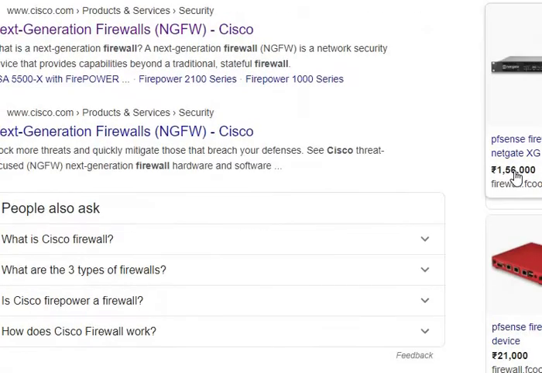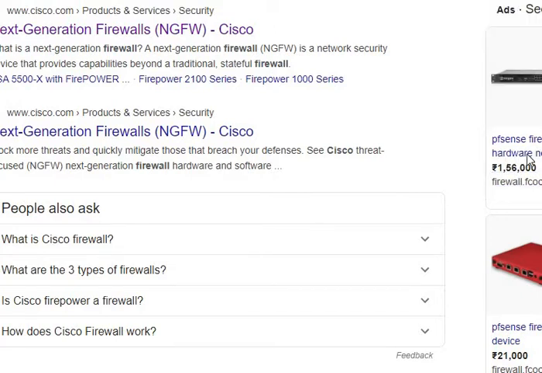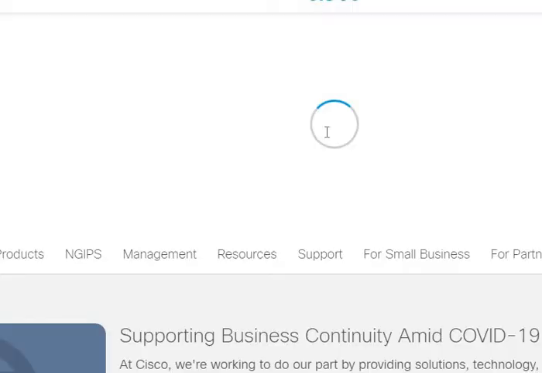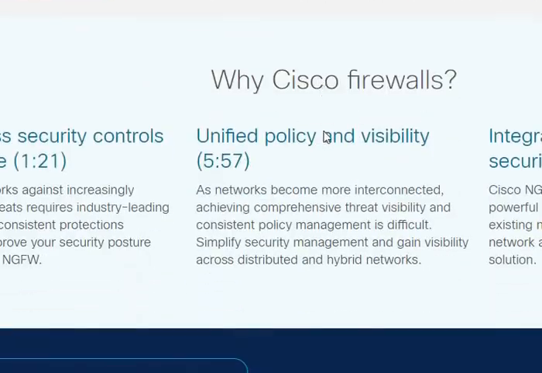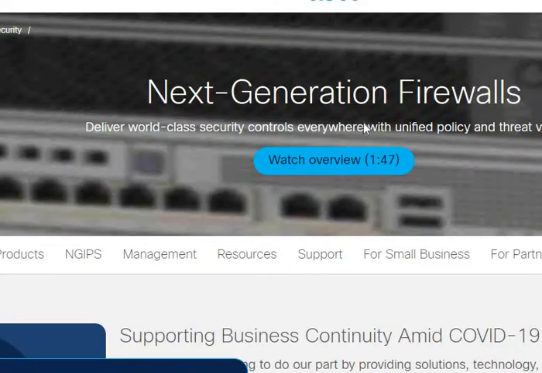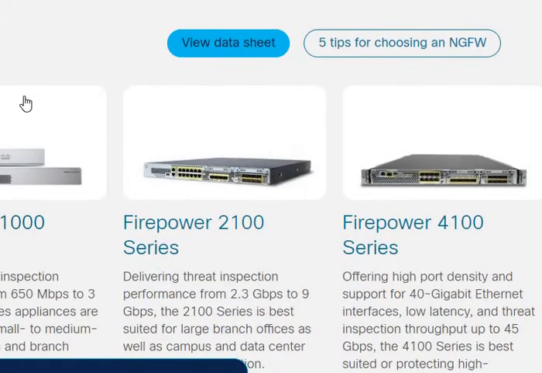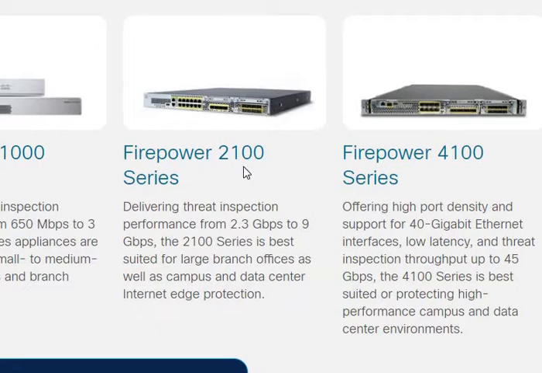You can see the cost of the Cisco firewall; it is 1,56,000. Are you getting that? This is a kind of device. Yes, this is a kind of firewall device.